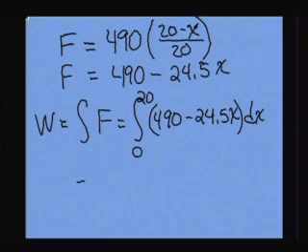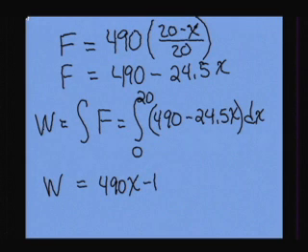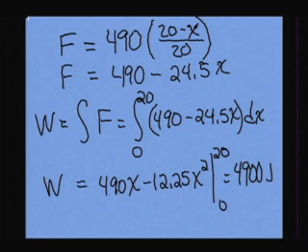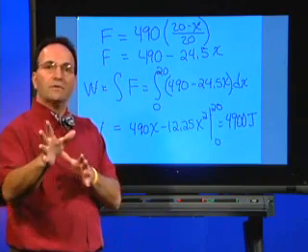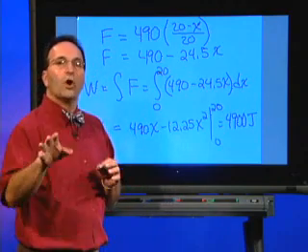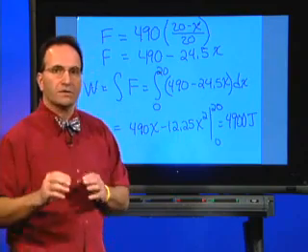And so the work would equal 490x minus 12.25x squared, evaluated from 0 to 20. And when we plug that in, we will find the answer to be 4,900 joules of work. All right, so that was a very quick and basic example to remind us that work is the integral of the force applied.